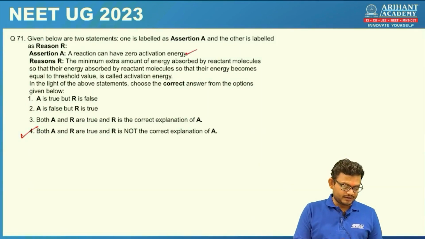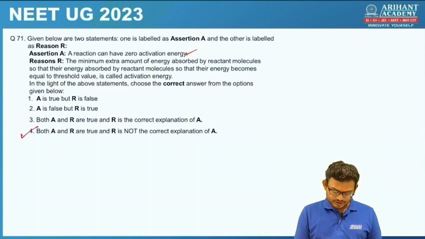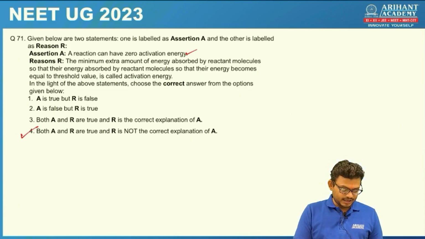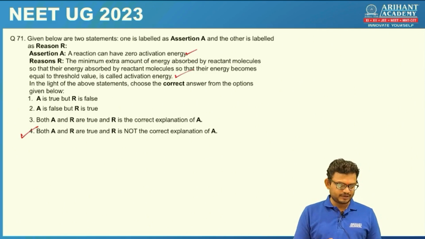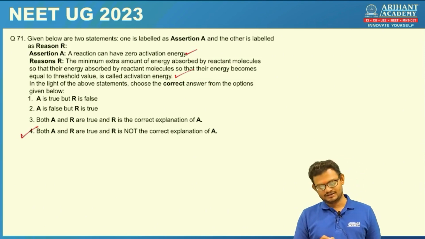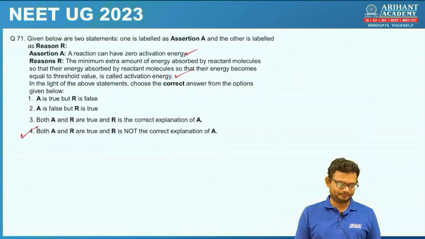Reason: the minimum extra energy absorbed by reactant molecules, so that their energy becomes equal to the threshold value, is called activation energy. Okay, this statement is also correct, but the reason isn't the one for the assertion. So A and R both are true, but R is not the correct explanation for A.